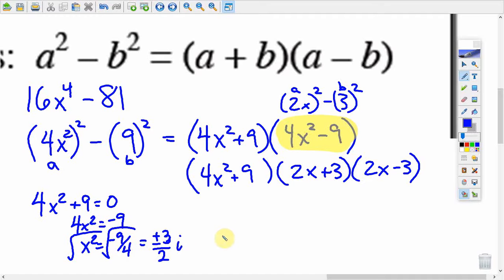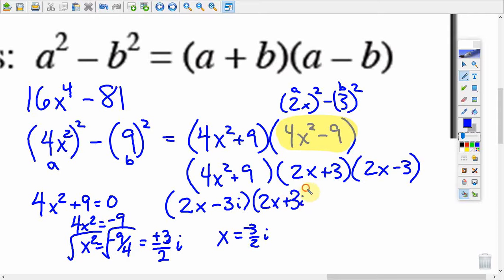Then, if I take x equals 3/2 i, and I multiply everything by 2 and subtract over my 3i, then I will find that my factor is 2x minus 3i. And if I did the same thing for the negative solution, then I would get 2x plus 3i.